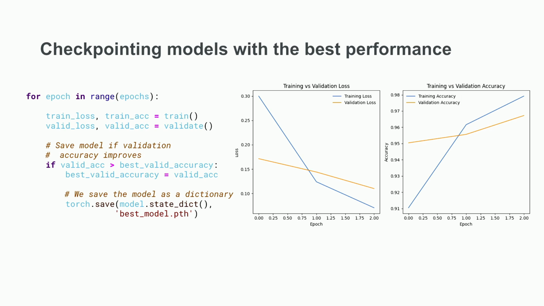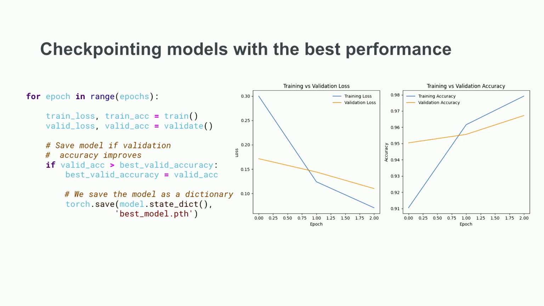So when we have a model that has been trained correctly, you're going to see that the training loss goes down alongside the validation loss going down. We want to save the model that has the minimum possible validation loss, or the one that has the maximum possible validation accuracy. This is something that we do in this snippet of PyTorch code.